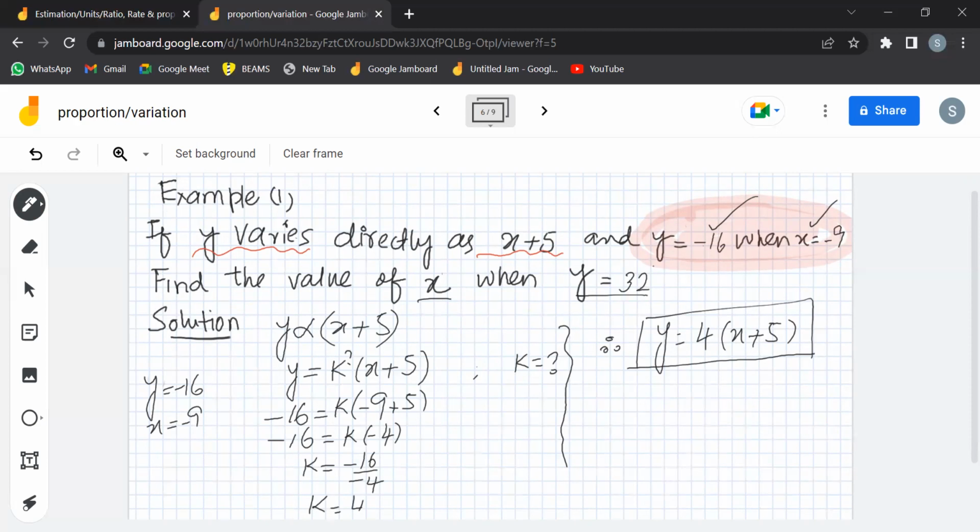So find the value of x when y is 32. 32 is equal to 4 into x plus 5, and then you divide by 4, equal to x plus 5, and finally it is 8.